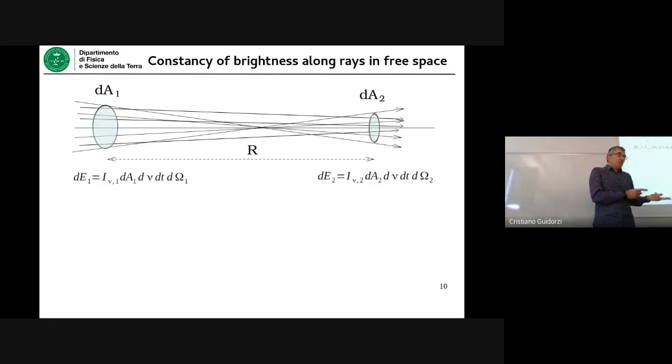So the same photons will have the same frequency. So the same frequency interval d nu, an equal time interval dt, and d omega 2.